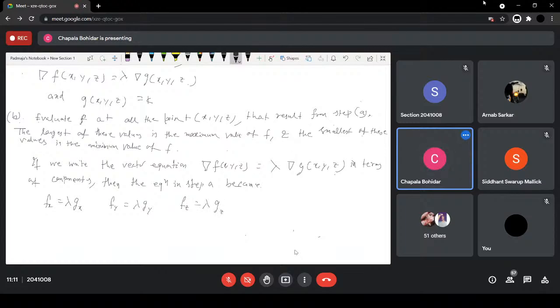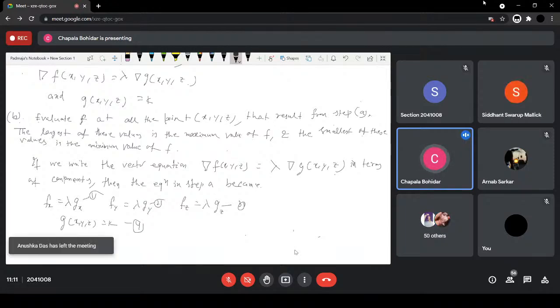Is it clear? And the constraint is g of x, y, z is equal to k. So we have four equations and four unknowns. By using these we can solve and find the values of x, y, z and lambda.